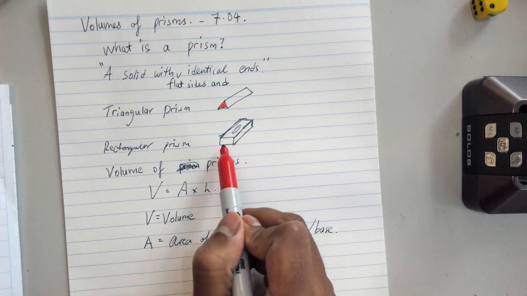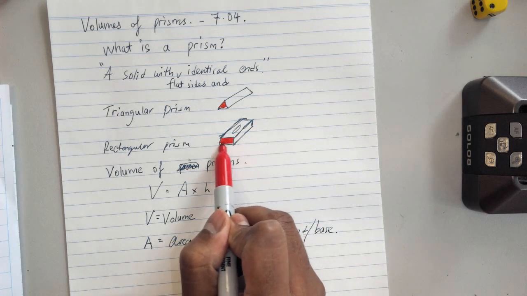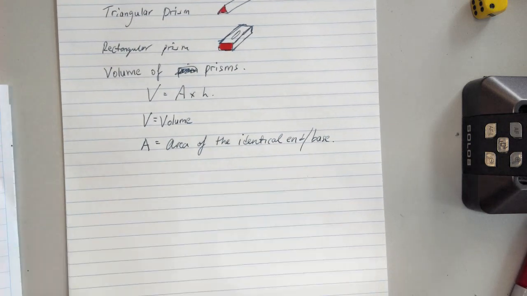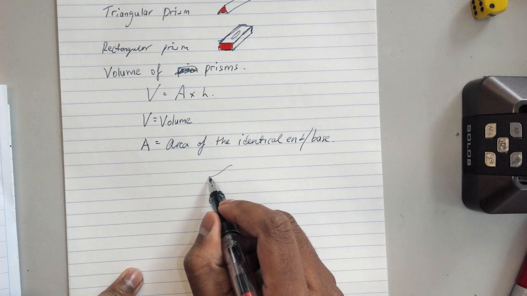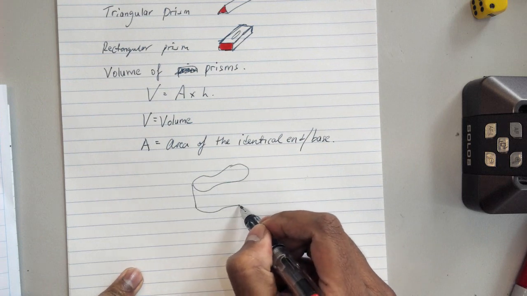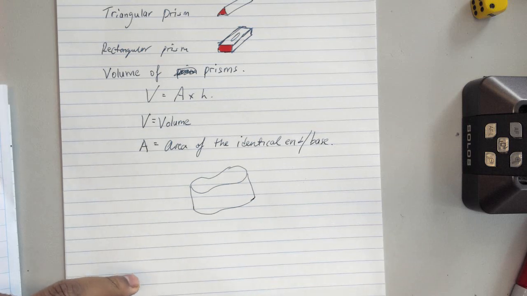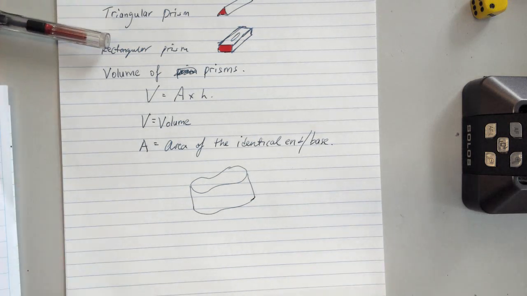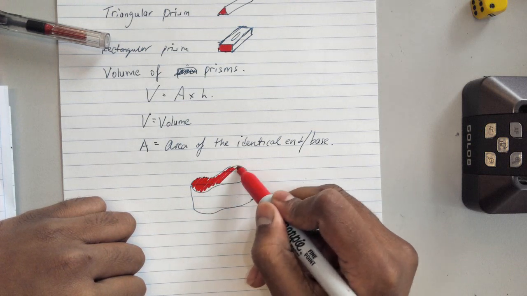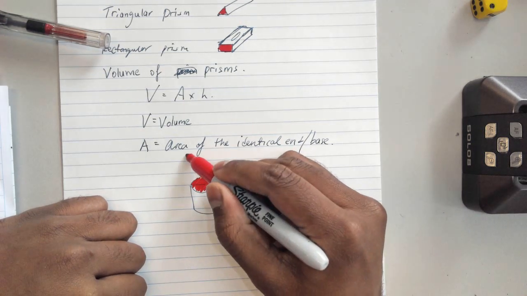A for the rectangular prism would be this bit there. If we had a shape that looked like this, looks like a sponge, A would be this here.